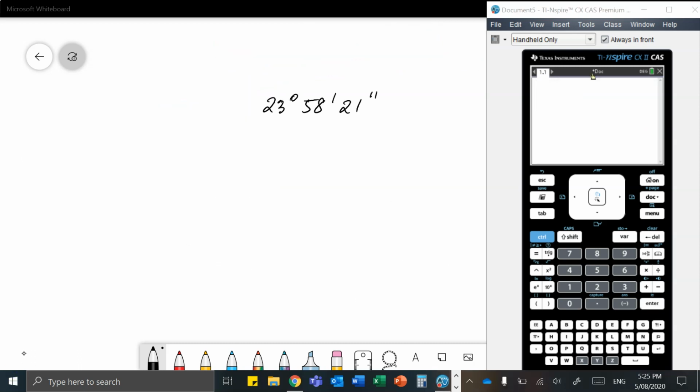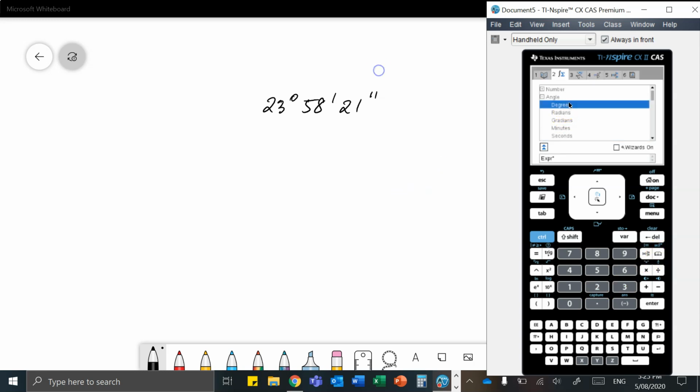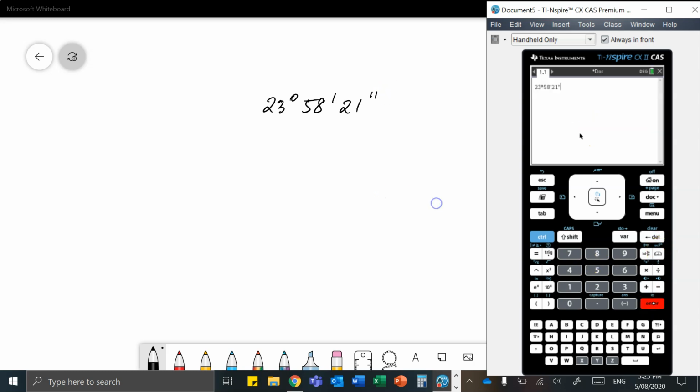Now we're going to work out how we can use the calculator to convert DMS form back to decimal. There are some very quick ways of doing it, but let's say you're putting in this one: 23 degrees, enter, 58 minutes, enter, and then 21 seconds, enter.